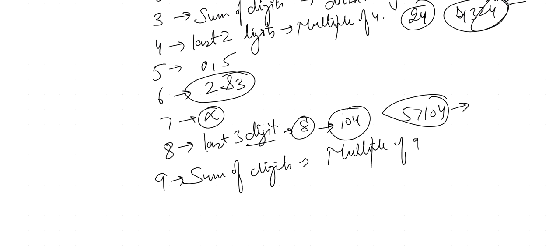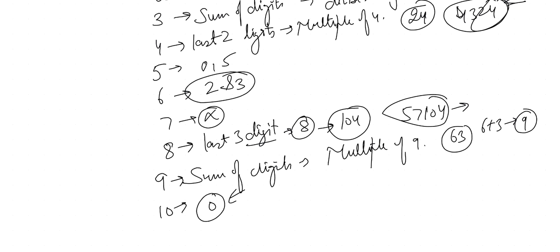For example, take any number, 63. 6 plus 3 is 9, divisible by 9. That's it. For 10, it must end with 0, obviously. And we don't have to know the divisibility rule for higher numbers. It's not required. No question will check you on that.